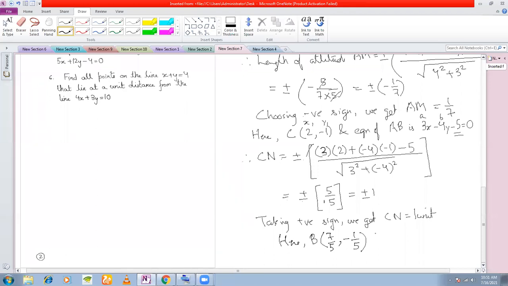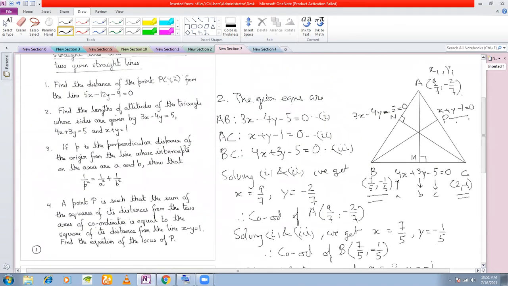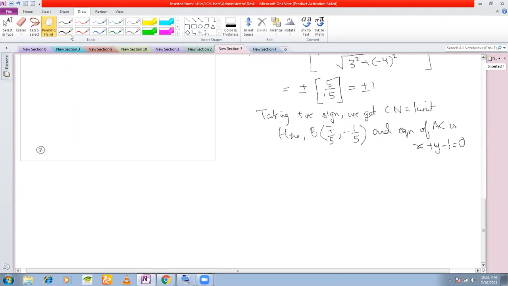And what is the equation of AC? Here, what is the side? AC, right? What is the equation here? x + y - 1 = 0. So therefore, what should be your BP? Plus or minus ax1 plus by1.